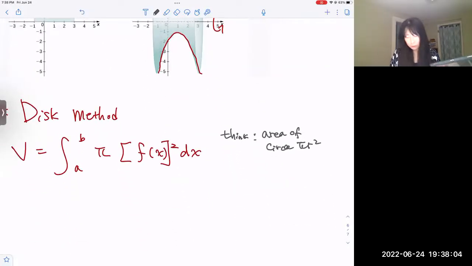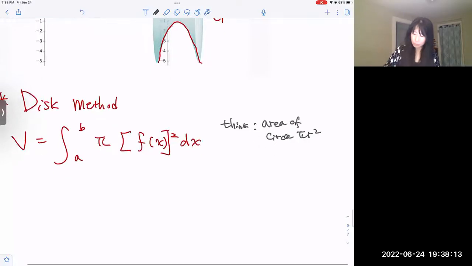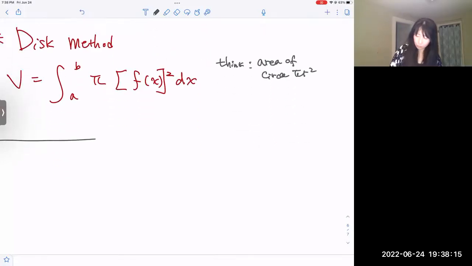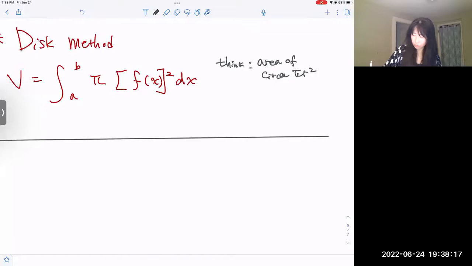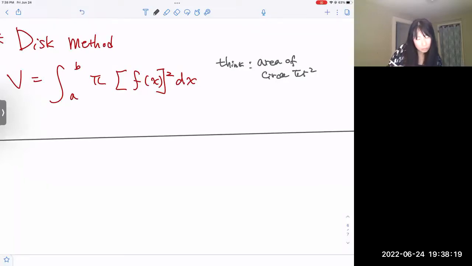Let us use this one, from -1 to 3. Find the volume.